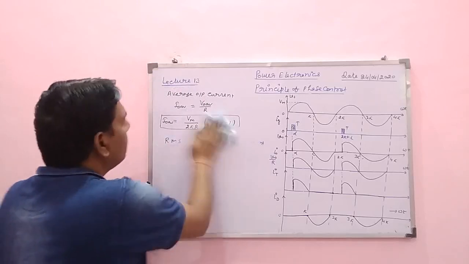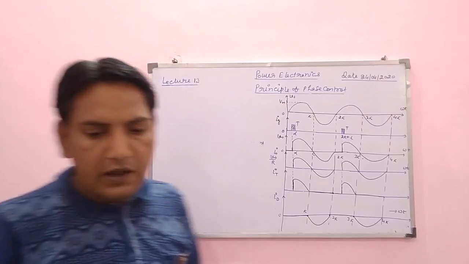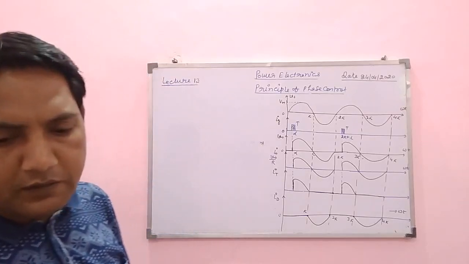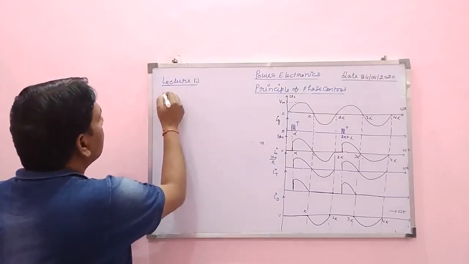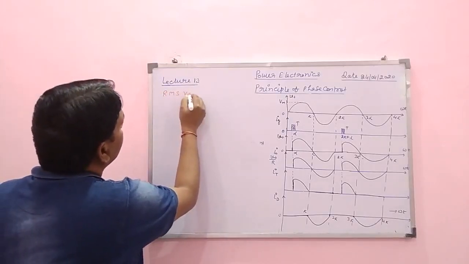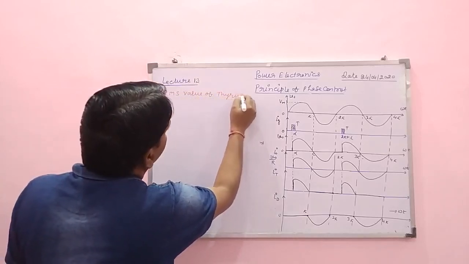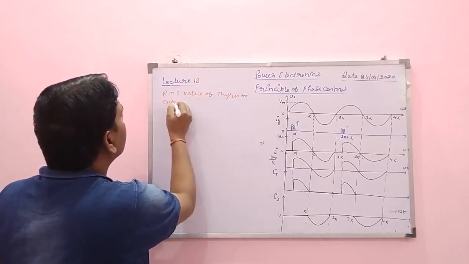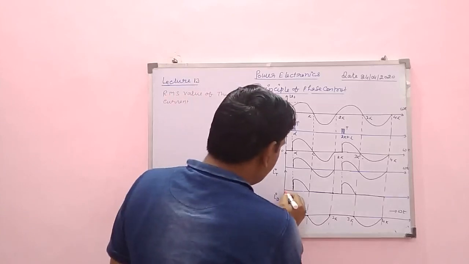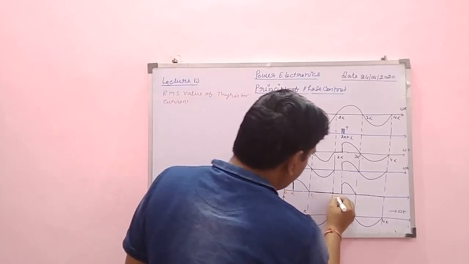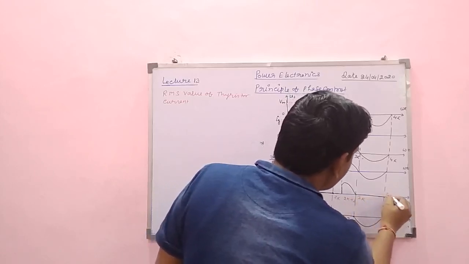Next, we have to determine the average and RMS value of thyristor current. You can see this is the thyristor current, this is 0, this is alpha, this is pi, this is 2 pi plus alpha, this is 3 pi and this is 4 pi.